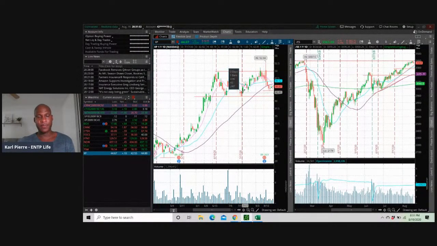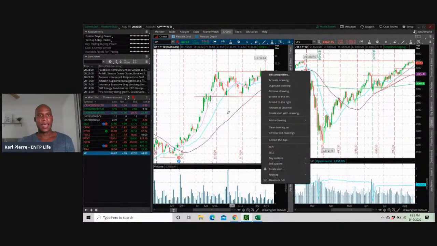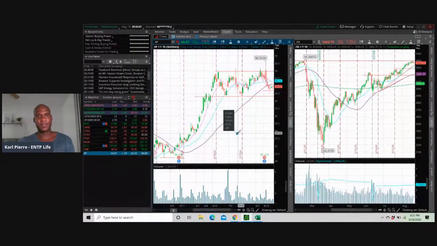If you bought here and you placed your stop, your risk right here, you've been risking $1.45 to make $7.39 on the trade, all right? And you see this sort of behavior repeat itself over and over and over again in the market, all right? So those are the 3 bars that you want to pay attention to.